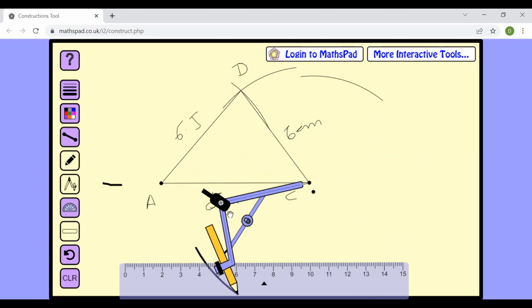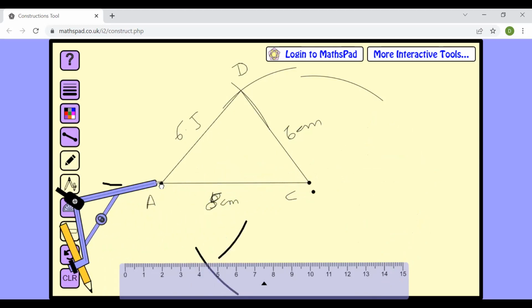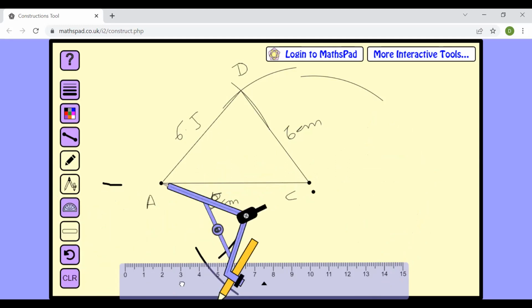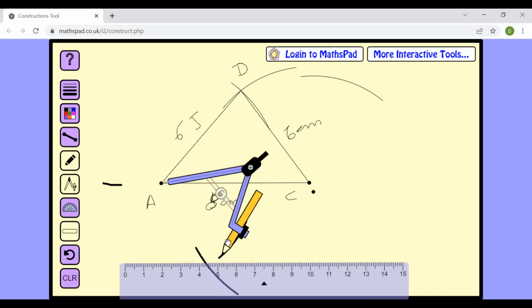If they are not cutting, you can increase the arc from the A point also.